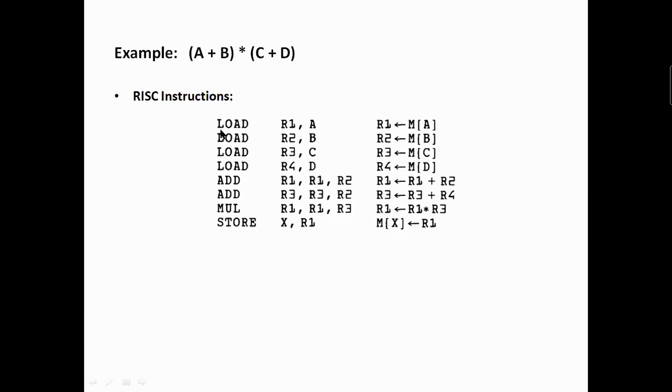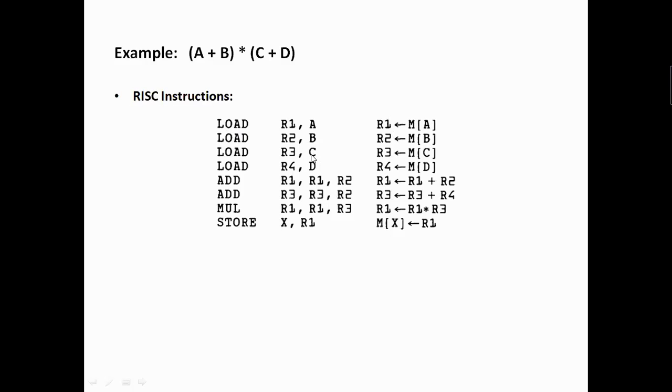So in a RISC computer, load will be done, that is A will be moved to R1. Fine. Then load will be done again, the second number will be moved to R2, then the third will be moved to R3, fourth to R4. Fine. Now R1 and R2 are to be added, then the answer stored in R1.